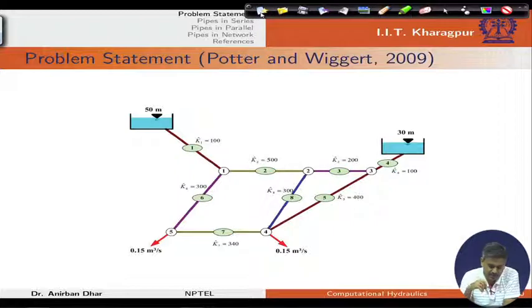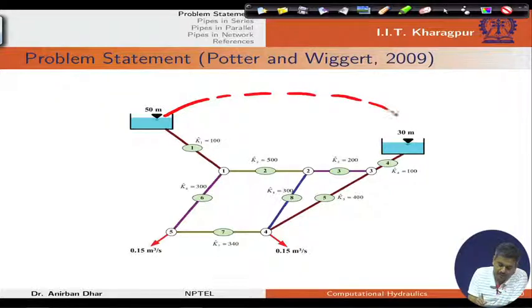In this case we need to define our loops. So, what is the first loop? The first loop will be defined as this pseudo loop. This is our pseudo loop connecting these two tanks. So, in this pseudo loop, or loop number 1, we will have pipes 1, 2, 3 and 4.